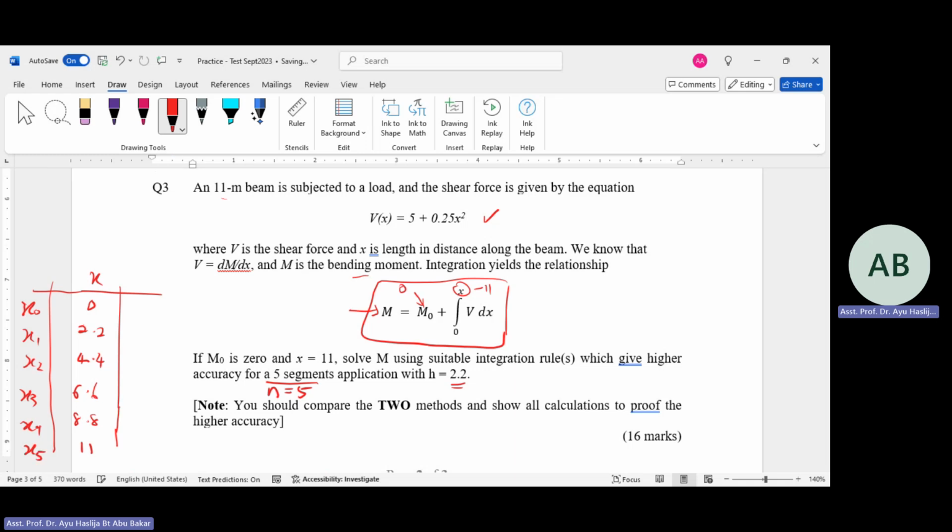So that is your data point. Then find your fx. So this fx uses which equation? The V equation, which is this one. That is your fx. So substitute the values of x into this equation, and you will get the value of fx.